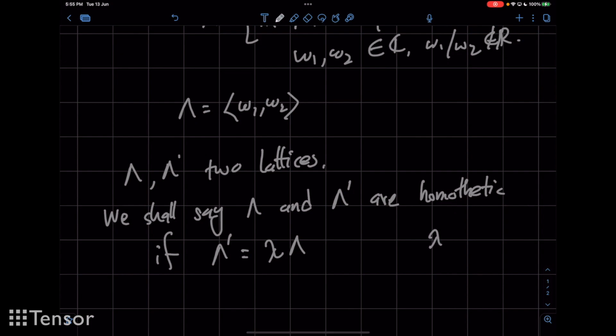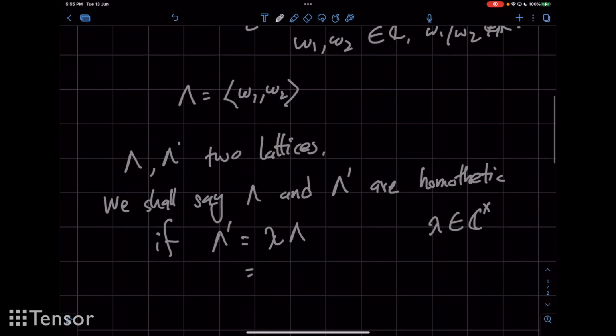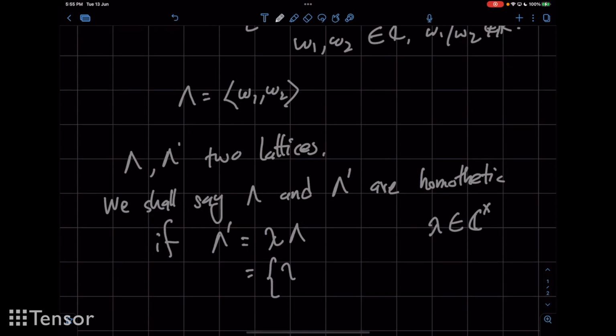What is this small lambda? Small lambda is a non-zero complex number, and this is the set of all elements of this form. So basically, from the lattice capital lambda, I take all the points and multiply all the points by a non-zero complex number lambda. Then if the set we get is equal to the other lattice, we say that these two lattices are homothetic.